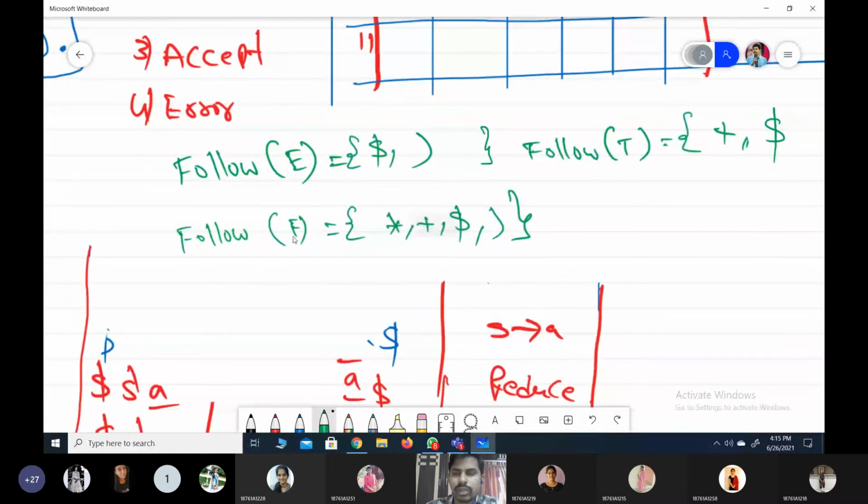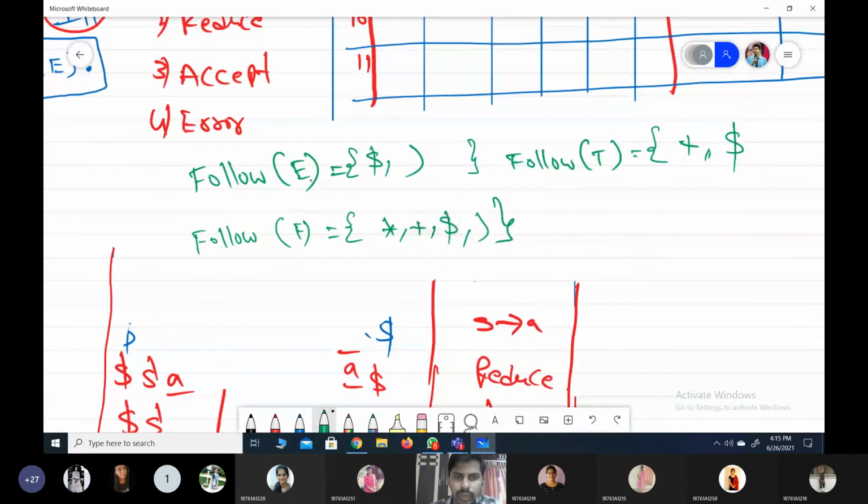If you miss one thing, that completely collapses the parse. Follow of E is nothing but dollar and closure parenthesis. In follow of T, we have closure parenthesis also. Follow of F contains star, plus, dollar, and closure parenthesis.